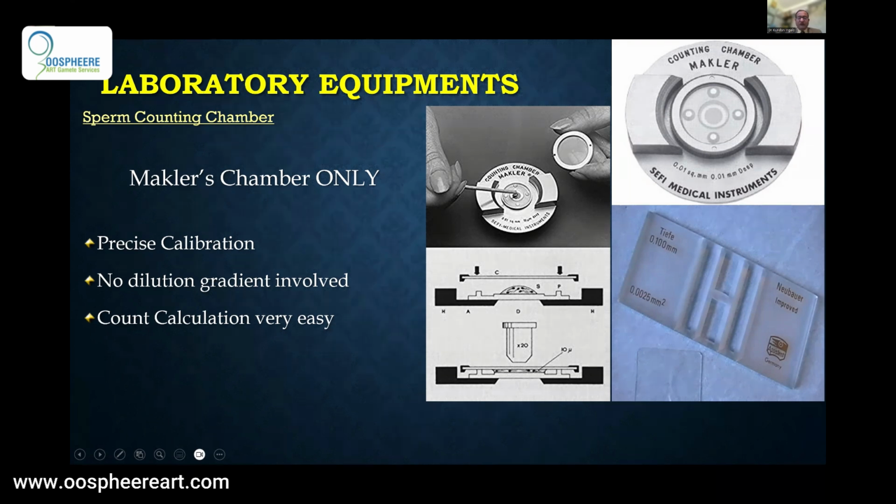So it has a uniform fluid column, which is very helpful for uniformity and accurate counting of the sperm, as well as assessment of motility. So it gives you very precise calibration. No dilution gradient is involved, and count calculation is very, very easy.